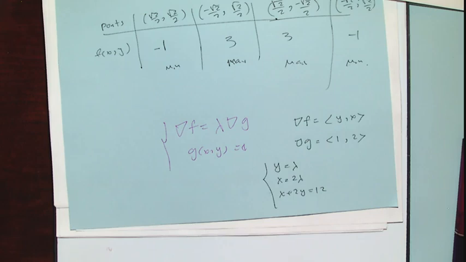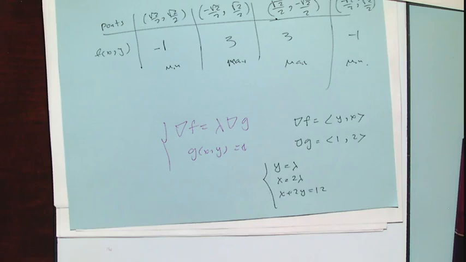Plug in y for lambda. Get x equals 2y. Plug in y here. Y is going to be what? Which is 4y equals 12? That's just y equals 3. So what was x? 2y, right?